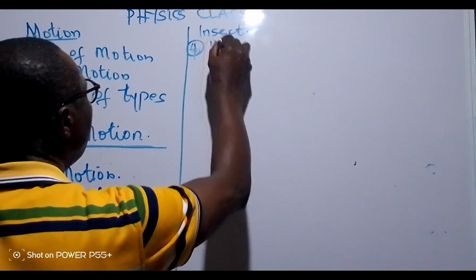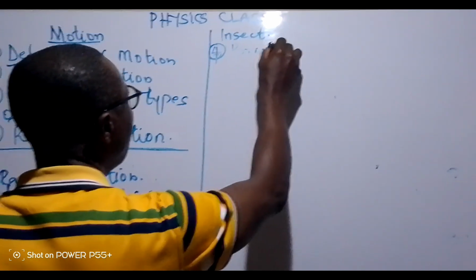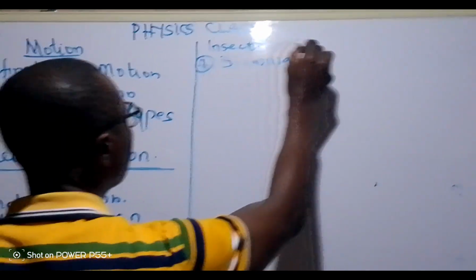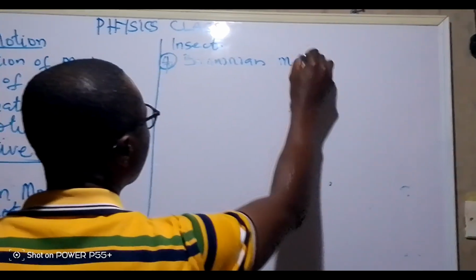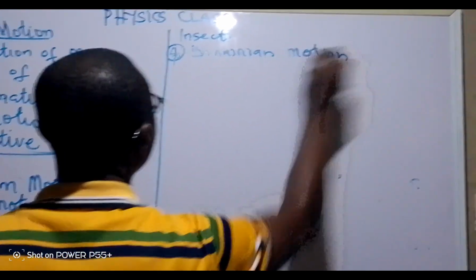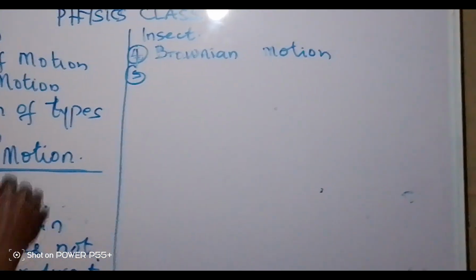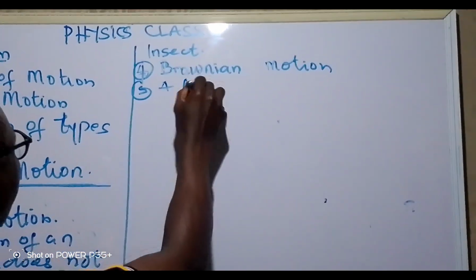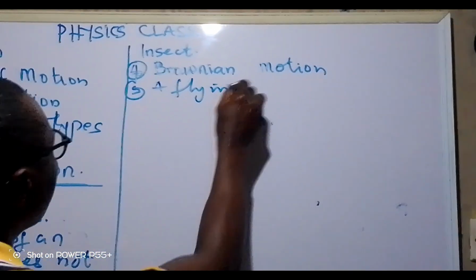Number 4, rotational motion. Number 5, the motion of a flying butterfly.